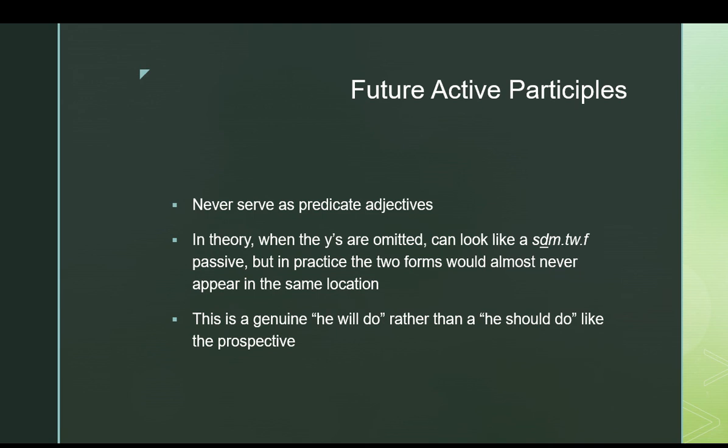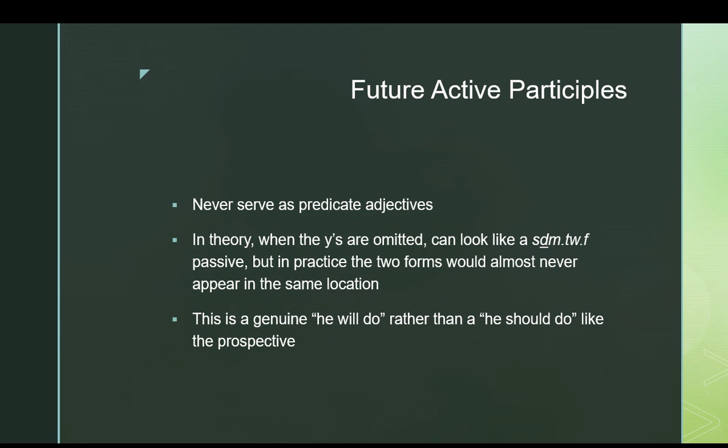Also, in theory, the masculine singular could look a lot like a sejm 2f when both of the y's are gone. However, that will almost never come up. The sejm 2f passive and the sejm tf future active participle will basically never show up in the same place. They have totally different grammatical functions, and you will always be able to differentiate them.